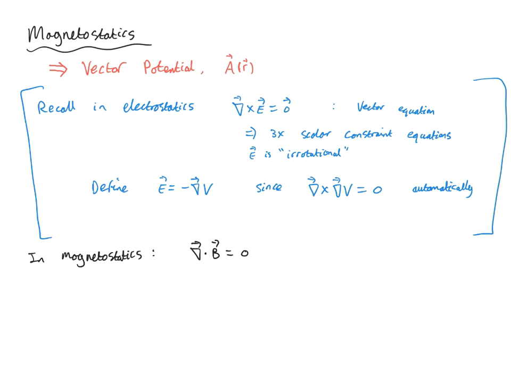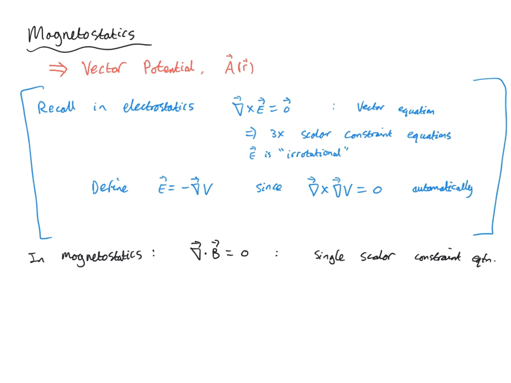Only divergenceless vector fields can be magnetic fields. But there's an important difference between this equation and the one in electrostatics, which is that this is a single scalar constraint equation, rather than there being 3 scalar constraint equations, as in the case of electrostatics.